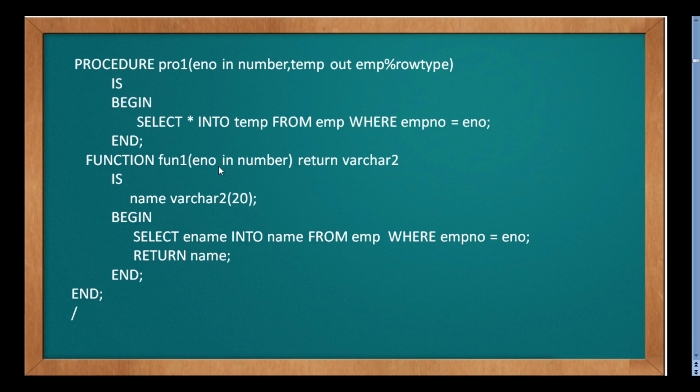So whatever e_number parameter is passed to the function, that employee's name is returned to the program variable e_name. Program variable name, and return name. So the name variable is returned to the calling program. This next end is the package body end.